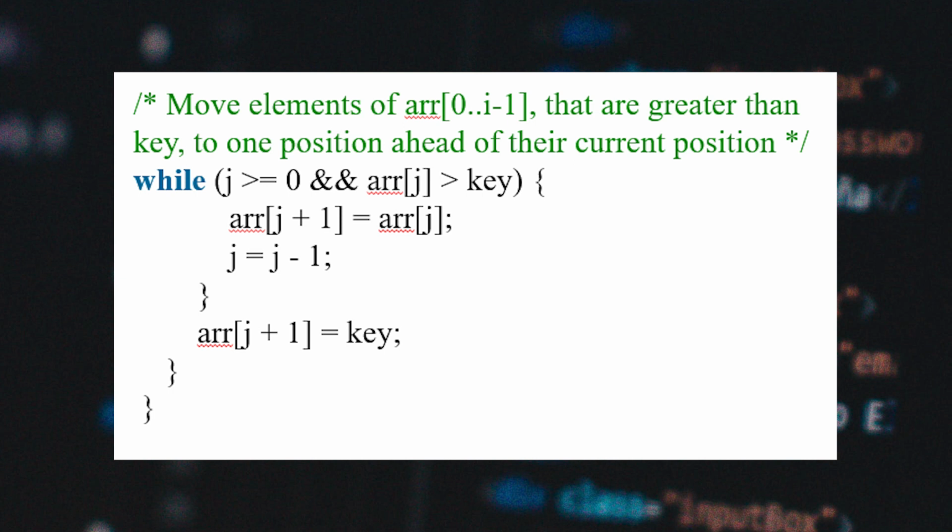Here in the while loop we are checking whether j is greater than or equal to 0 and array[j] is greater than key, and here we are comparing the first element with itself also. Here array[j+1] is equal to array[j].